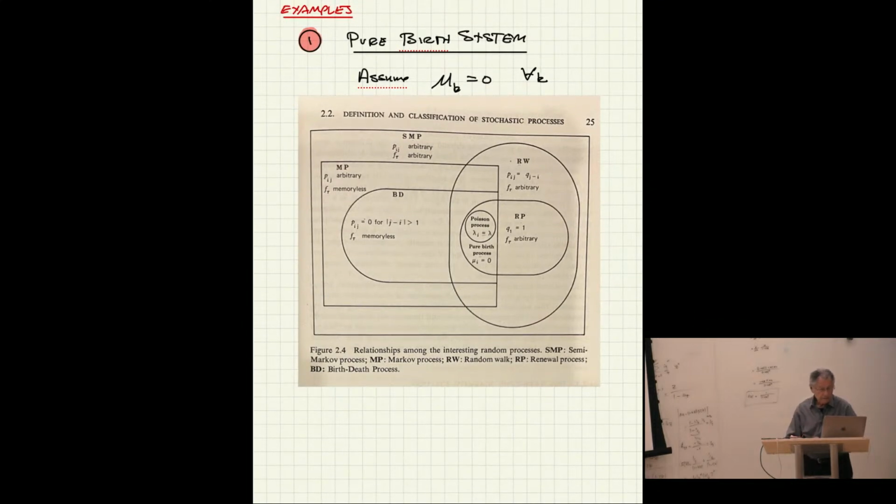I'm going to now further assume, because it's an important case, that lambda k equals a constant number lambda for all k.